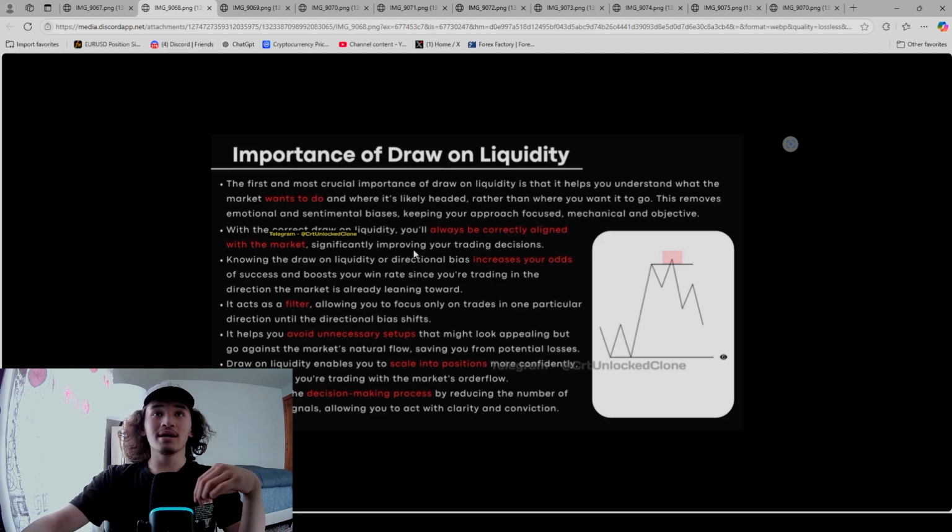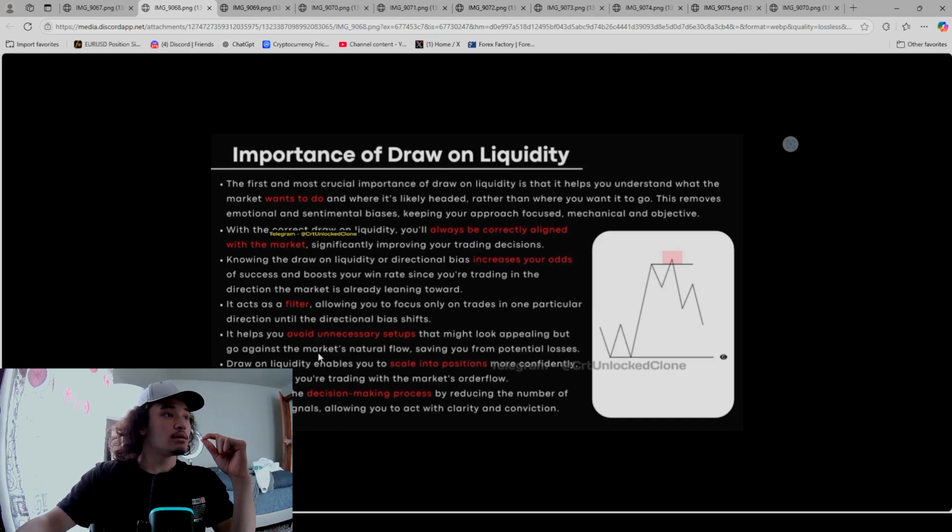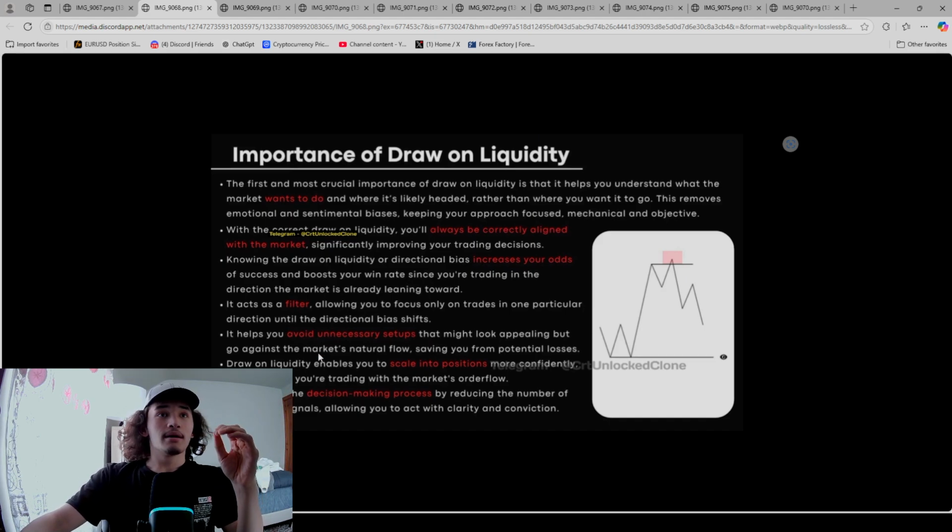Knowing the drawn liquidity or directional bias increases your odds of success and boosts your win rate, since you're trading in the drawn direction of the market, or where the market is leaning towards. It acts like a filter, allowing you to focus on trades in one particular direction until the directional shift, or until the drawn liquidity has changed.